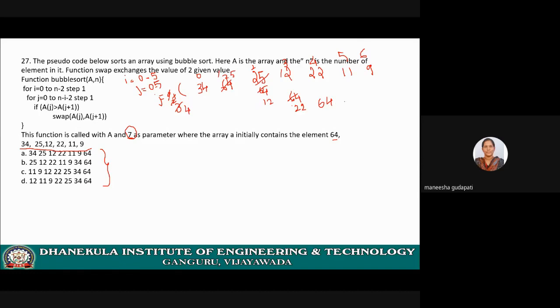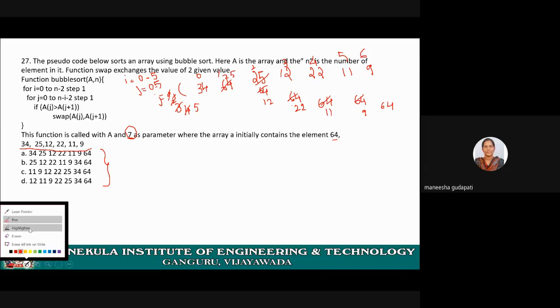So what happens? 64 is greater than 11, so here 11, here you will get 64. Again j increments to 5, and A of 5 is greater than A of 6, so again 9, 64. After completion of all these iterations, what will be the values here?